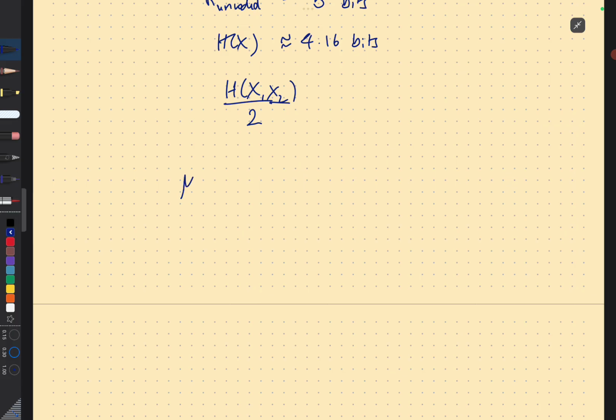The empirical frequency of a pair of symbols, let's say x1 and x2, is essentially the number of occurrences in, let's suppose, an n length source file.